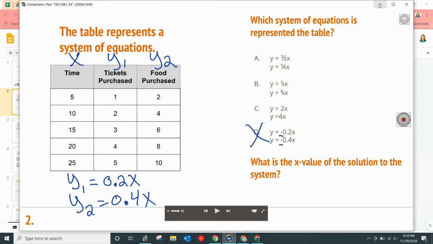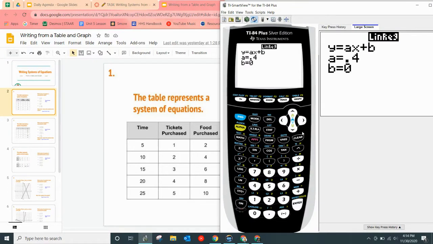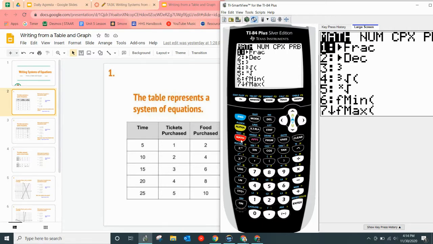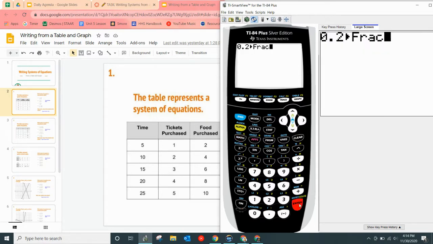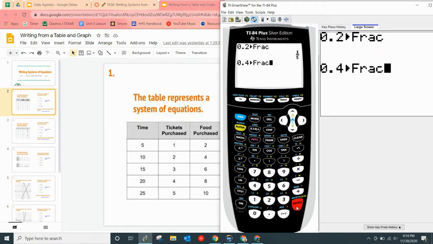Remember, the calculator will do that. I have 0.2. So if I pull my calculator back up, hit clear, I can type in my decimal 0.2. Then I hit the math button and I hit enter, enter. That is telling me it's the fraction 1/5. My other decimal was 0.4. Hit the math button again, hit enter, enter.